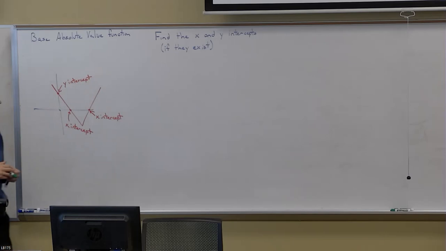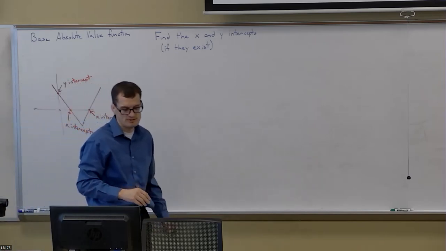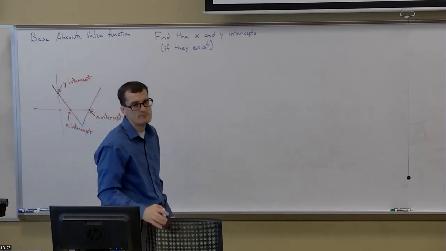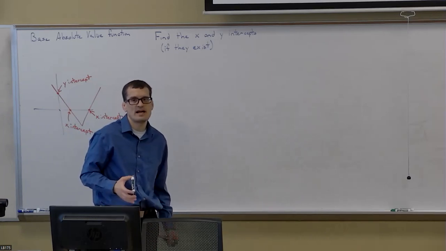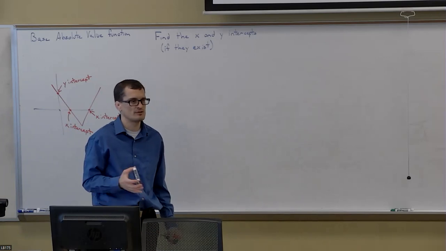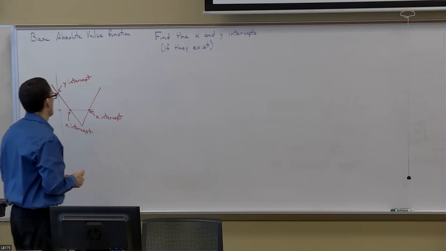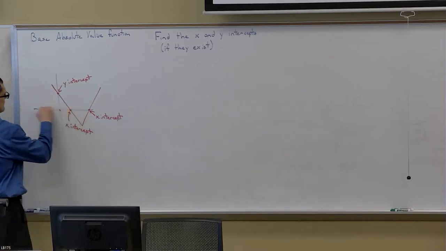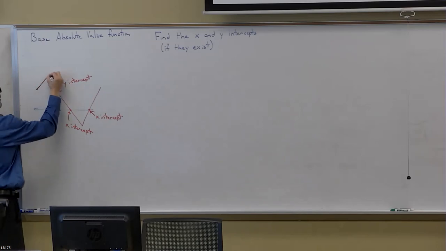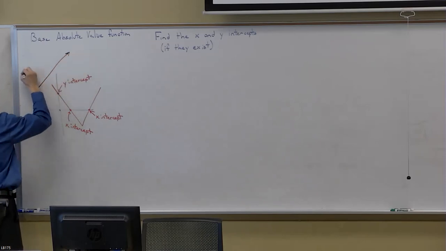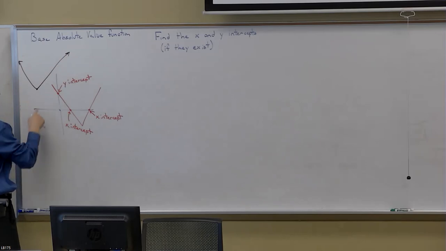Now, if I gave you a different absolute value function, that might not be true. Not every absolute value function is going to have 2 x-intercepts and 1 y-intercept. If I had shifted, let's say, to the left and up, notice that version, there's no x-intercepts.